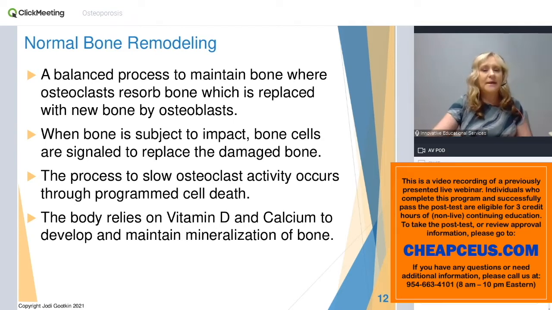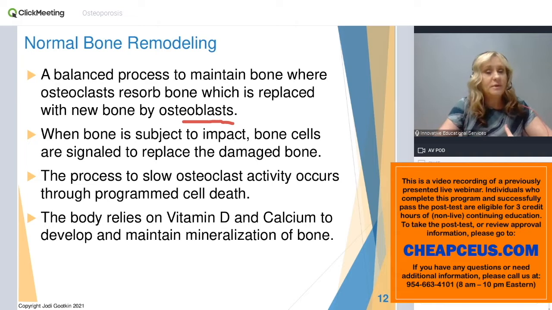We have a balance here between our osteoblasts, which are forming bone, and our osteoclasts that are breaking down our bone in order to get rid of the weak structural components and have new, stronger bone formed. Our osteoblasts are going to secrete compounds to synthesize new protein network that then becomes mineralized through the process that we discussed.